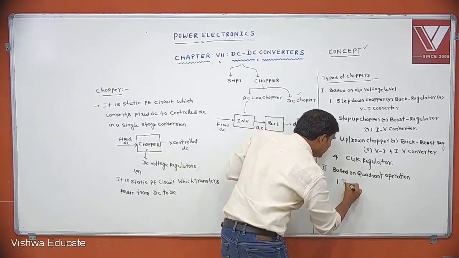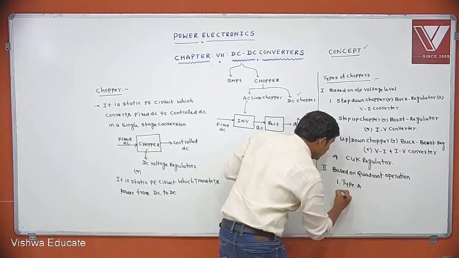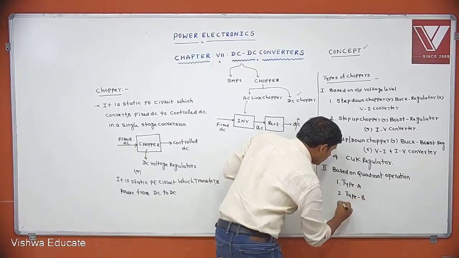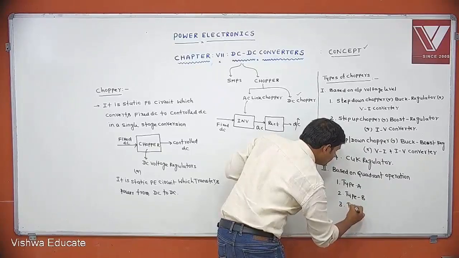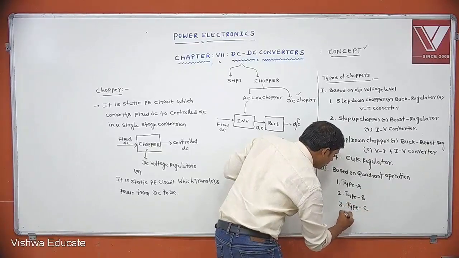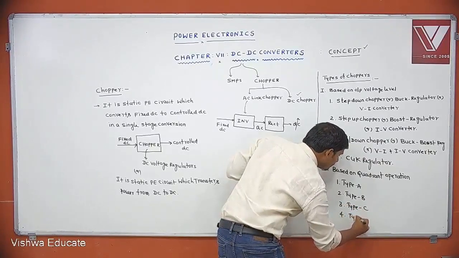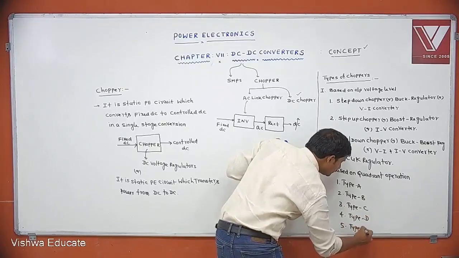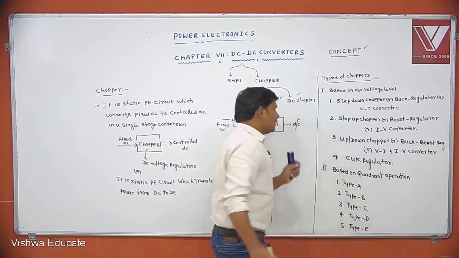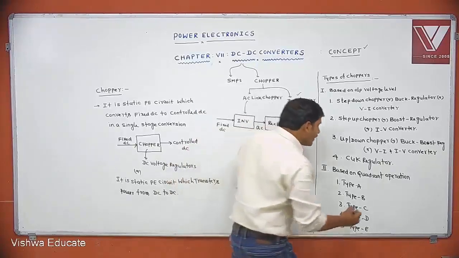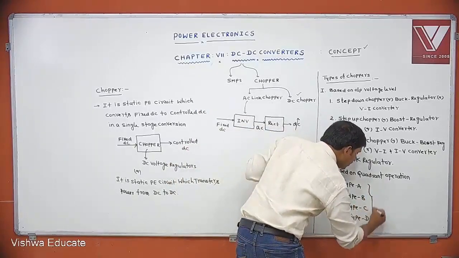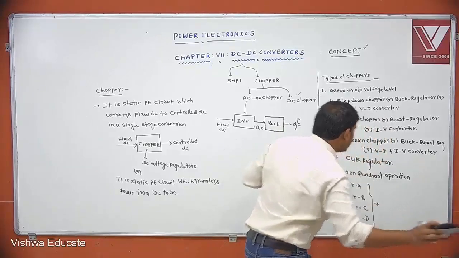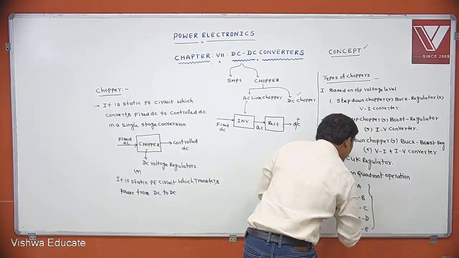Type A chopper, type B chopper, type C chopper, type D chopper, type E chopper. These are the types of choppers based on the quadrant operation.